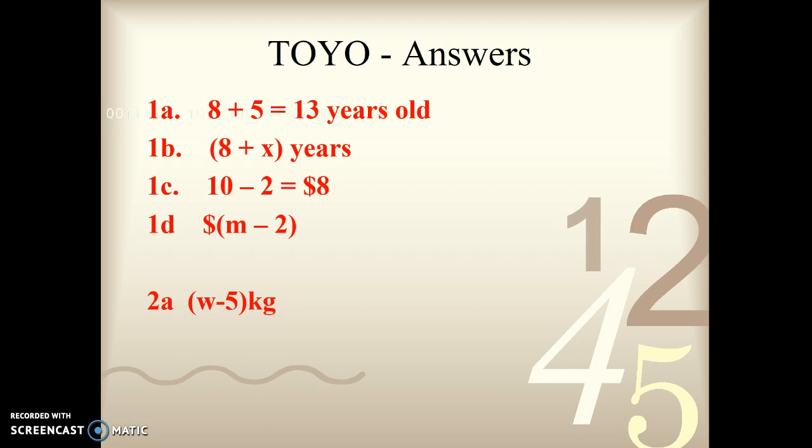Okay, this one I'm going to demonstrate. So the answer is W minus 5 kilograms. But let's look at this model. So Tracy bought W kilograms of flour. So this is how much she bought total. She used 5 kilograms of it.